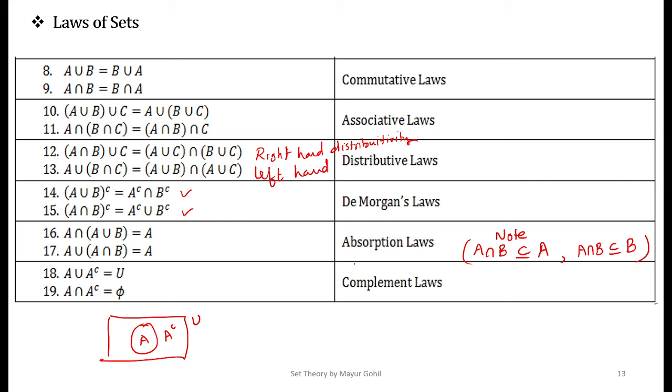So these are all the laws from my side for set theory, and I have tried giving you their names here. You will get hold of them again and again as you use them. We will try to draw their diagrams and understand them.